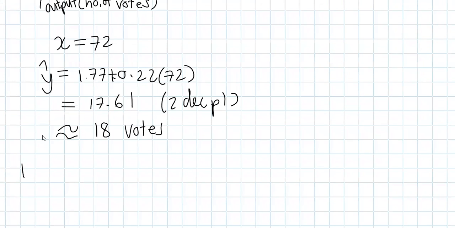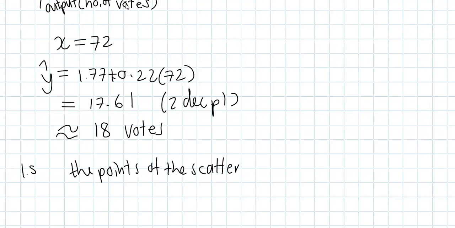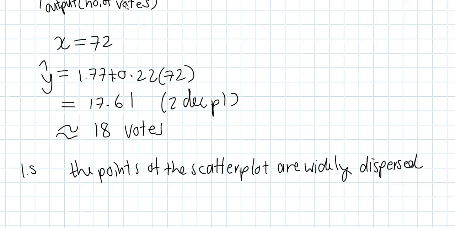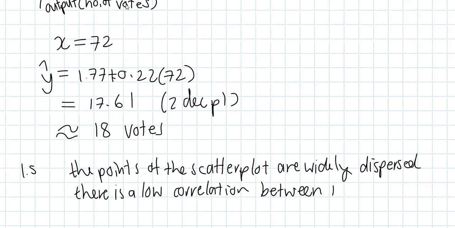So for 1.5, you would just write either the points of the scatter plot are widely dispersed, or you could write there is a low correlation between IQ and number of votes.